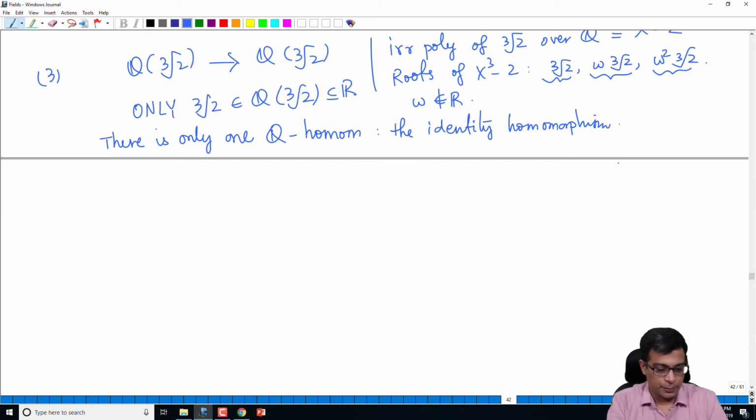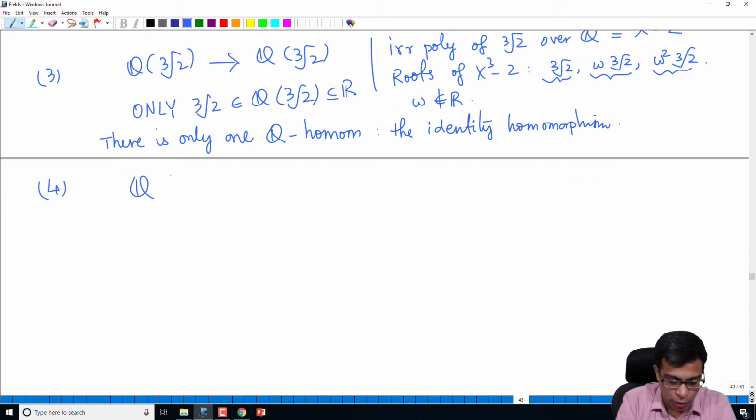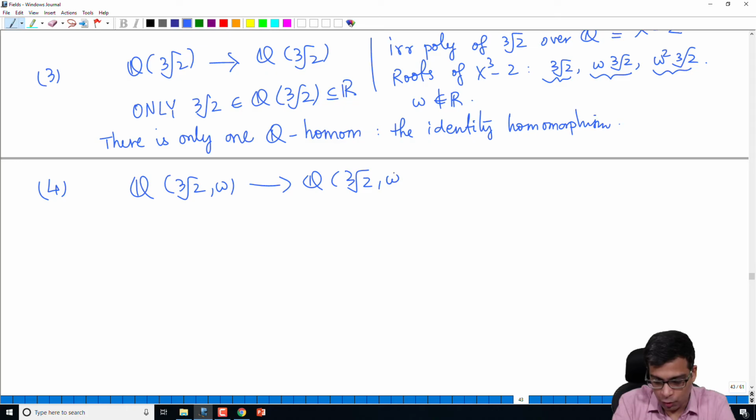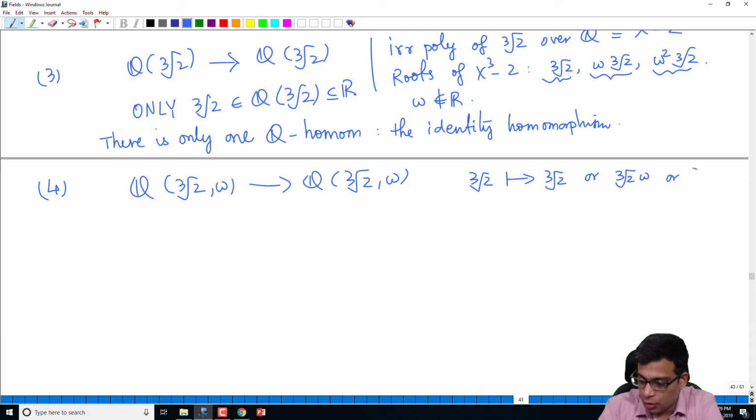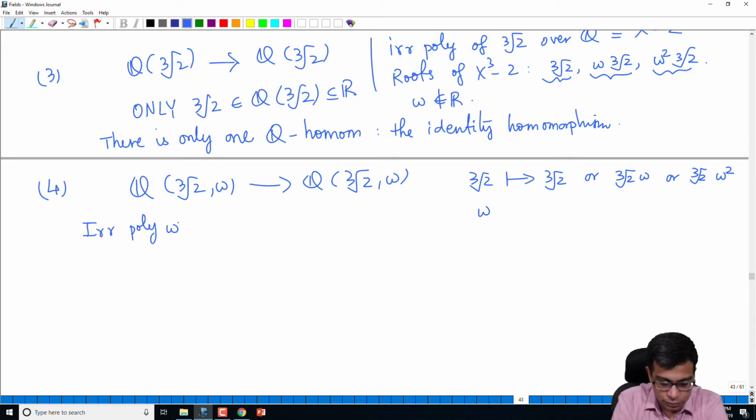And one final example I will do is Q adjoined cube root of 2 comma omega to Q adjoined cube root of 2 comma omega. So here I do have other possibilities. Cube root of 2 can go to cube root of 2 or cube root of 2 omega or cube root of 2 omega squared. And what is the irreducible polynomial of omega over Q?